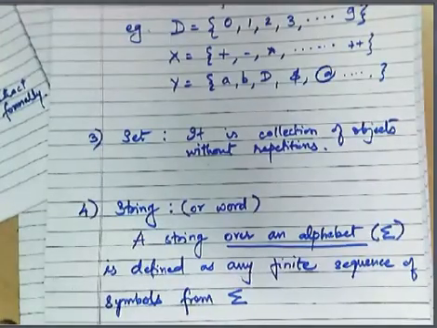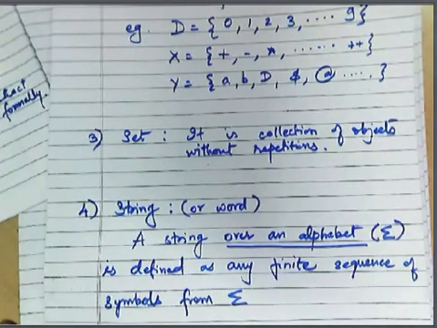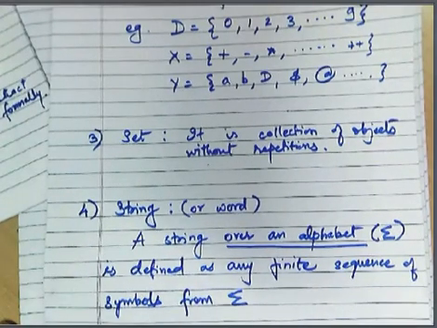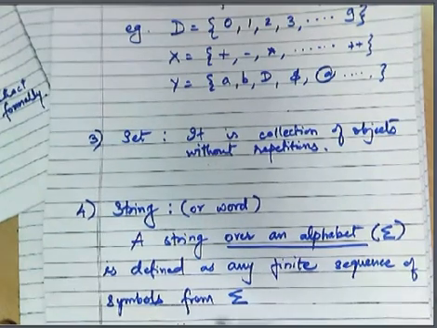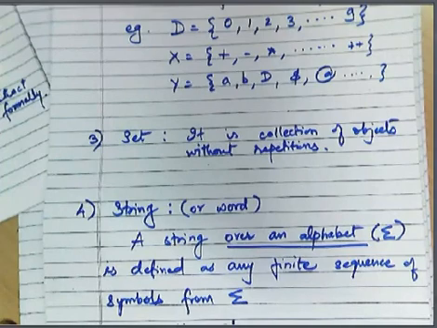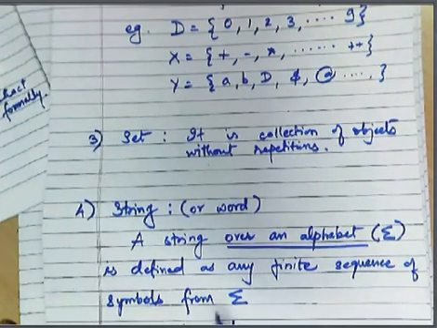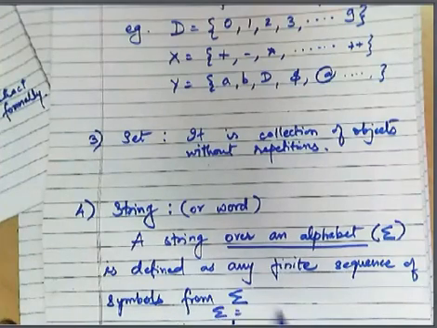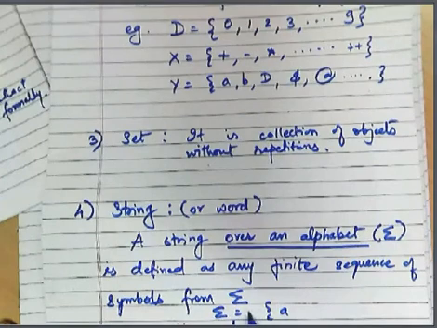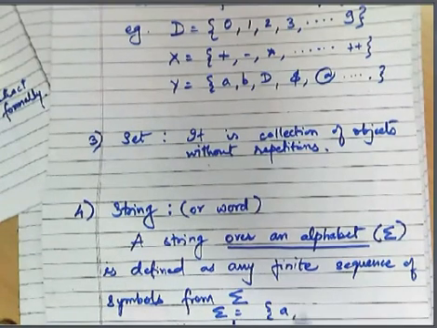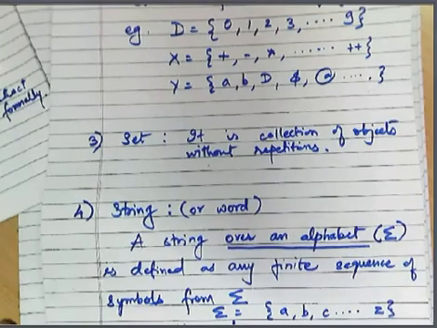Here, for example, if I am saying that x is equal to ABC, then for this I should have some alphabet. Suppose I have an alphabet denoted by A, B, C up to Z. So this is one set.